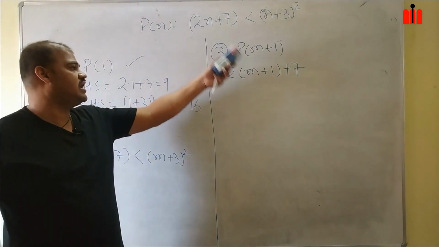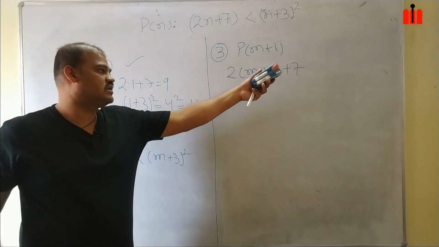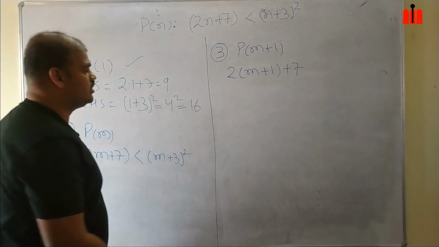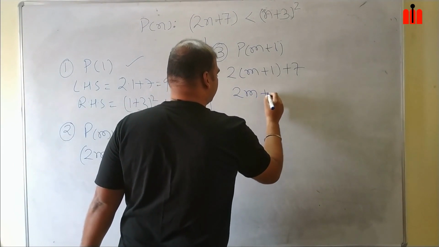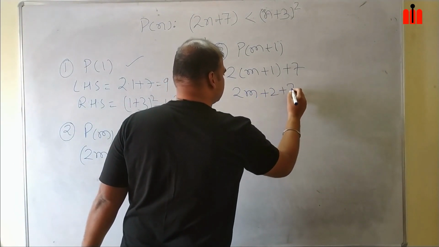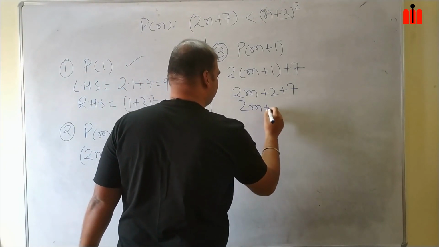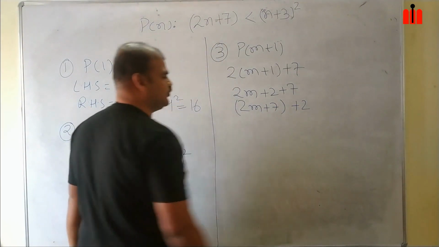Okay, in place of n I had substituted m plus 1. Now I will further write it as 2m plus 2 plus 7. It will be 2m plus 7 plus 2.